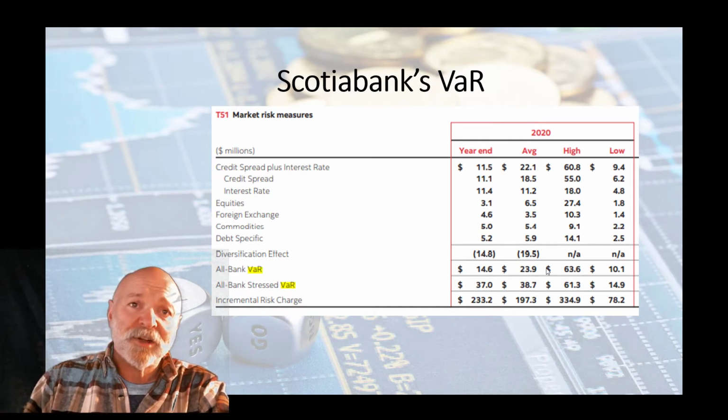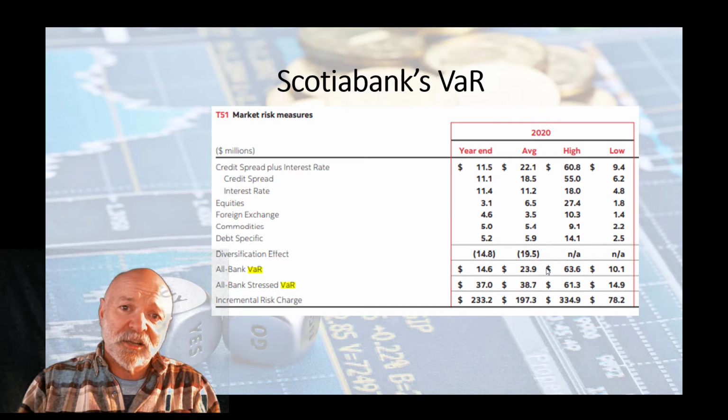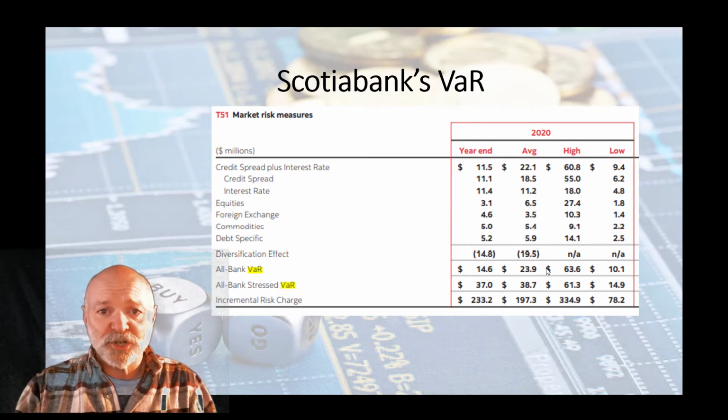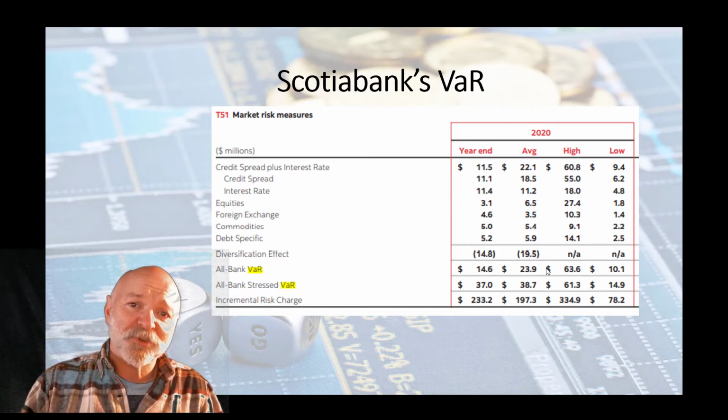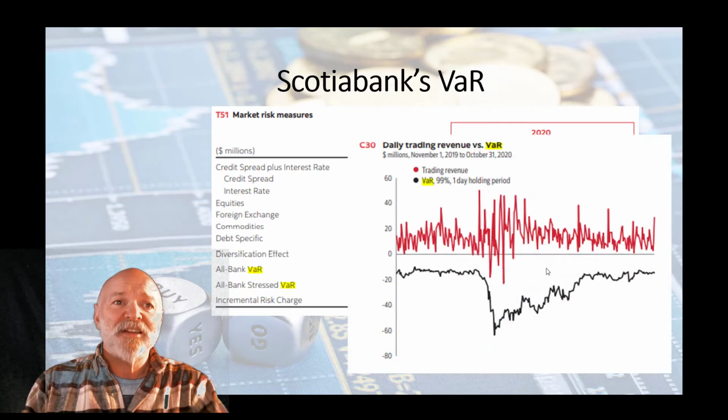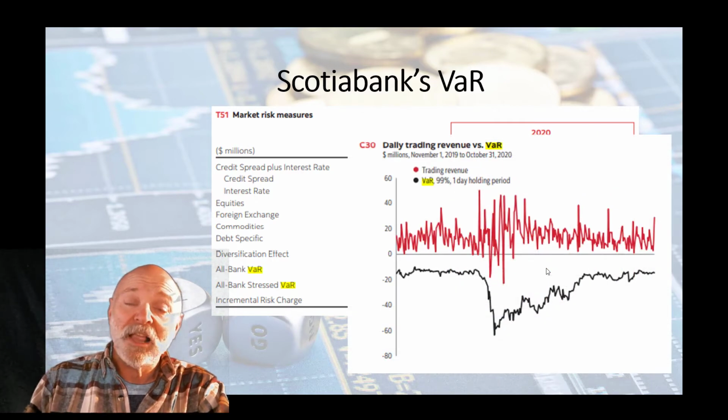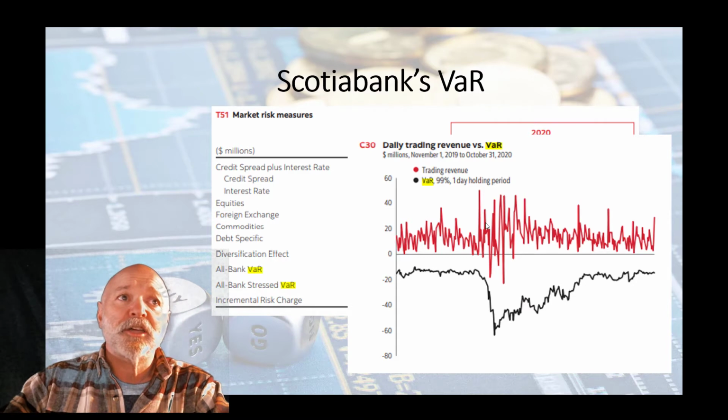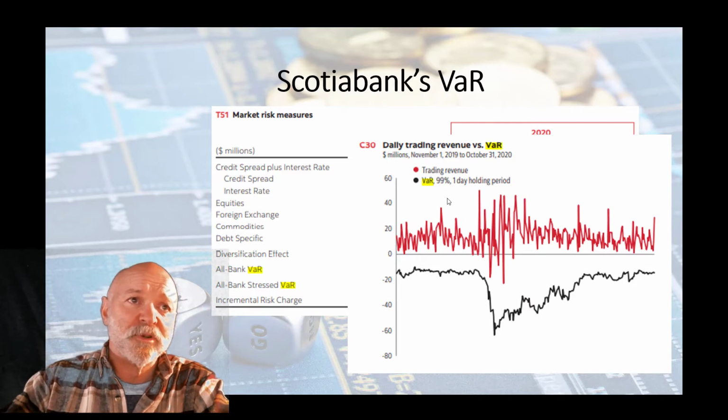This is something that's tracked on a regular basis. It's constantly marked to market because conditions change, and what the worst possible 1% of days looks like varies over the year. In this particular chart, they're talking about the market risk based on their trading activities, mostly trading in equities, but also bonds and some derivatives.